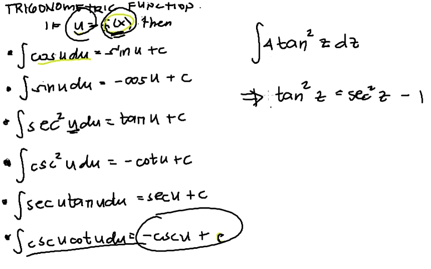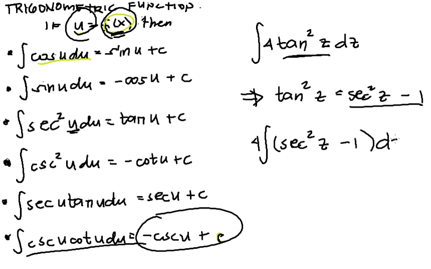Okay, so from here we can now substitute this value for our tangent square z. So we have the integral of, let's move this constant outside, so tangent square z is just equal to secant square z minus 1 dz. Then from here you can now directly see that we already have the secant square u du here, so this is already in the same form, so that we can now integrate it directly.